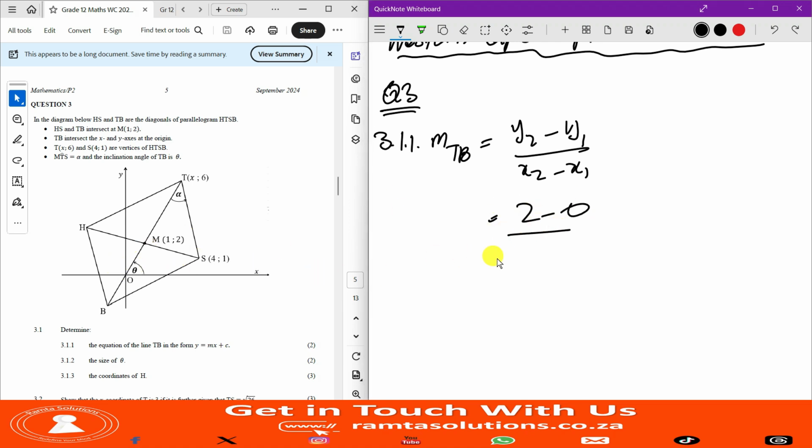The x value of M is 1 and the origin is 0. So the gradient of TB is the same as the gradient of MO. Therefore, this is 2. Therefore, the equation is y equals 2x. As simple as that. Even if you would have said gradient MO, it was still okay.